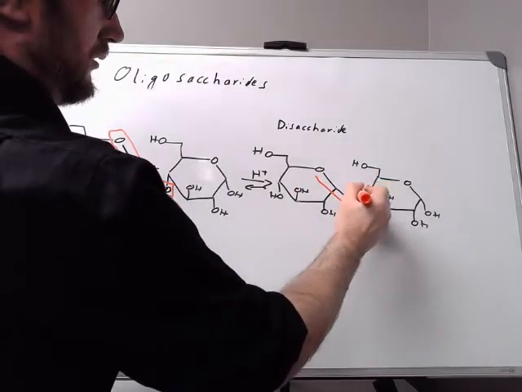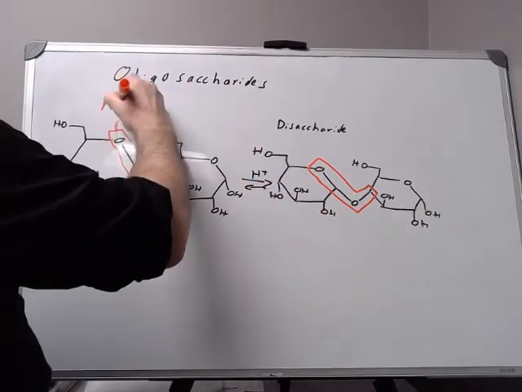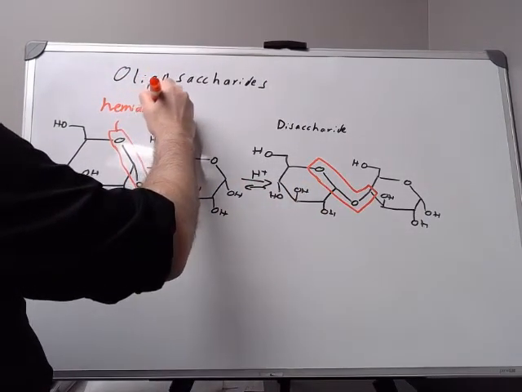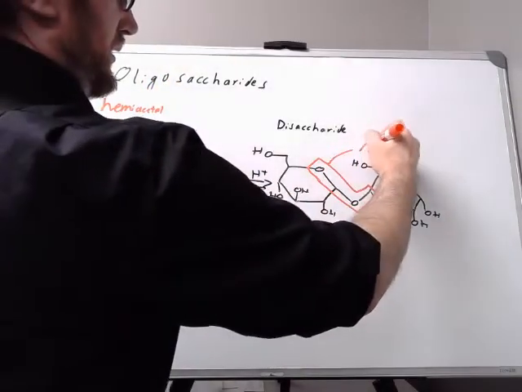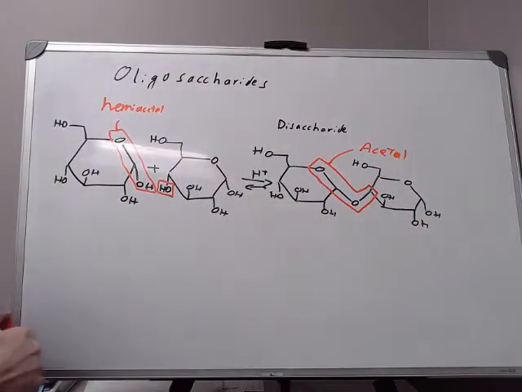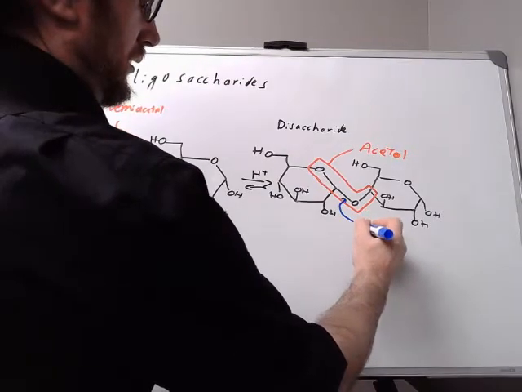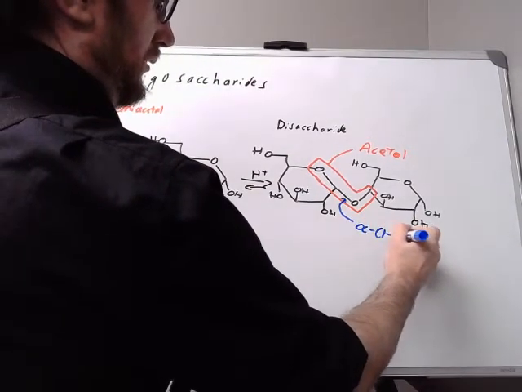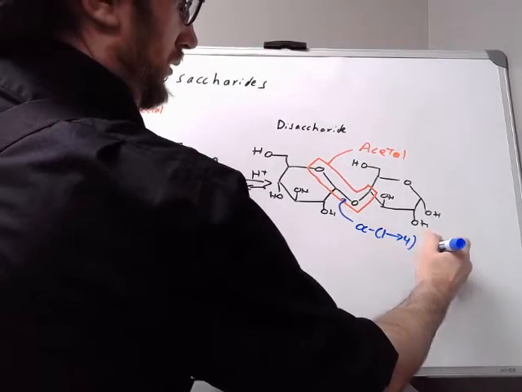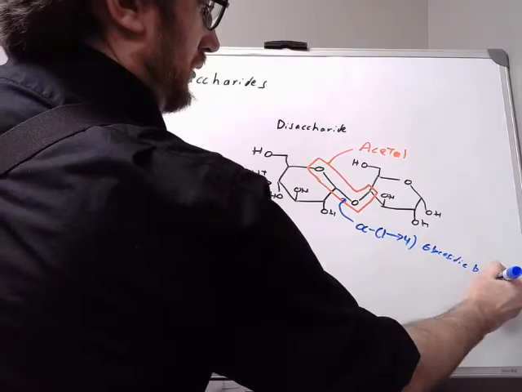And this structure is now an acetal. So this was a hemiacetal, now it's an acetal. And this bond is an alpha 1,4 glycosidic bond.